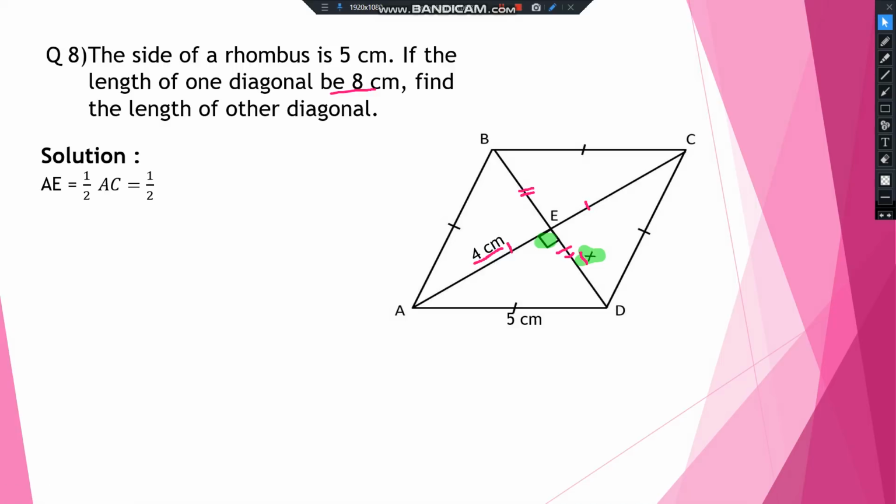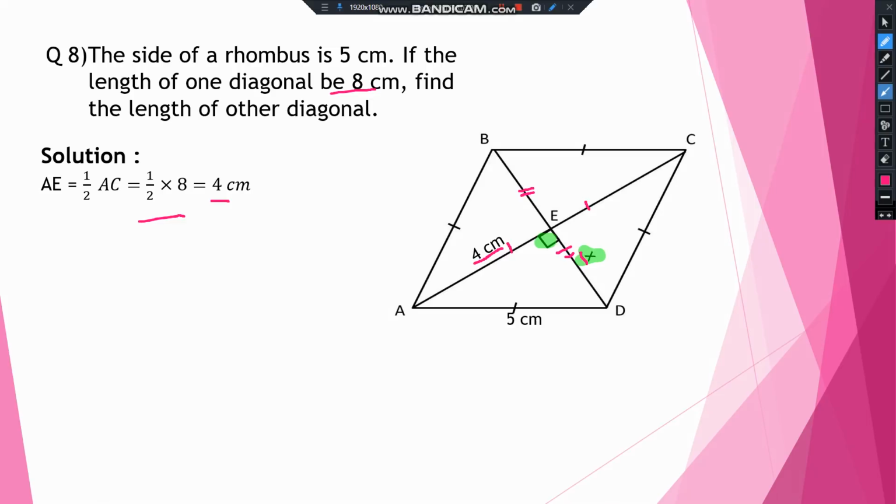AE, as I explained in the figure, is half of the diagonal. Since the diagonal is bisected, half into 8, that is 4 cm. So AE has come 4 cm.